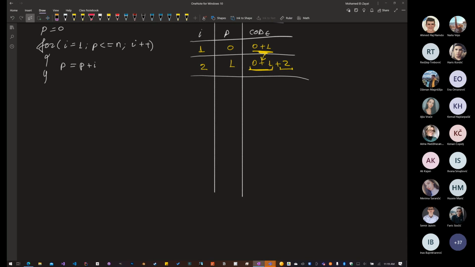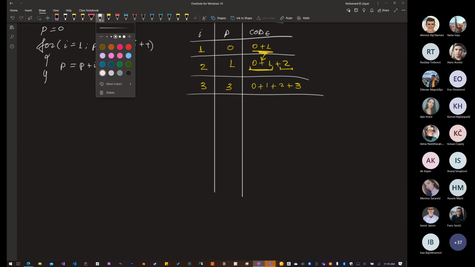And then when I is 3, P is already 3, which will make P 0 plus 1 plus 2 plus 3. Let's do one more. I will be incrementing to 4, and P by then will be 6, because 0 plus 1 plus 2 plus 3 equals 6.